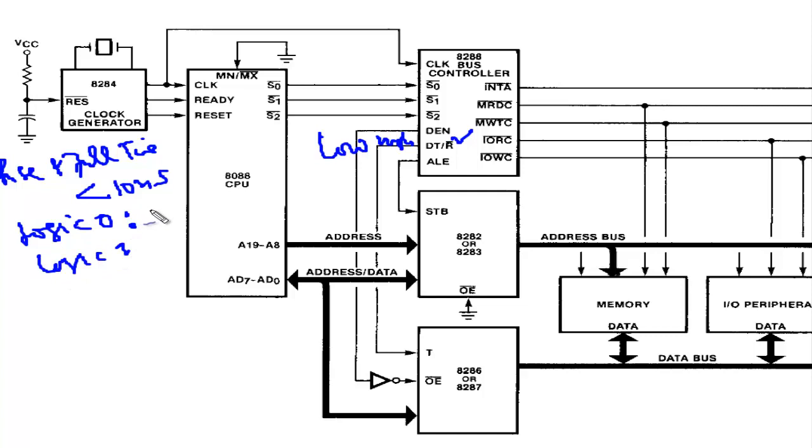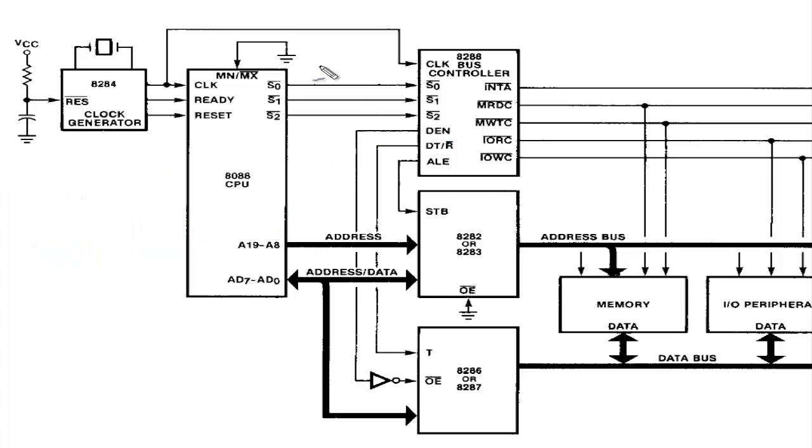Logic 0 is from minus 0.5 volt to plus 0.6 volt, and logic 1 is represented by 3.9 volt to 5.0 volt. So if you get 3.9 volt to 5.0 volt, it's logic 1, and if it is negative 0.5 volt to plus 0.6 volt, it's logic 0.